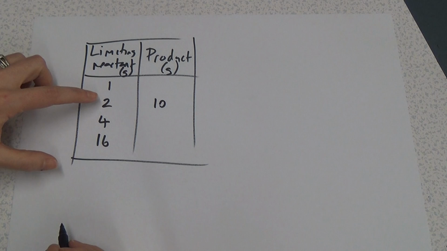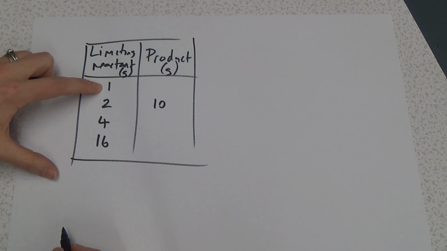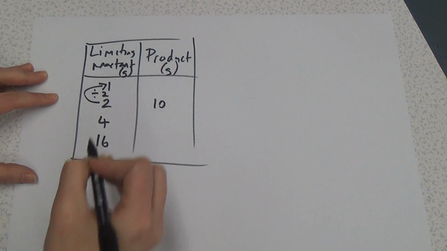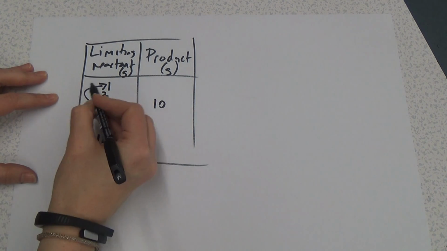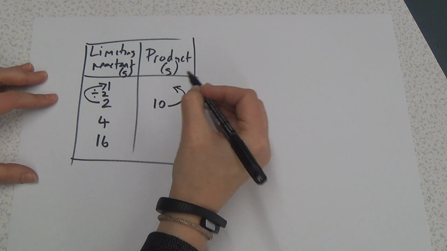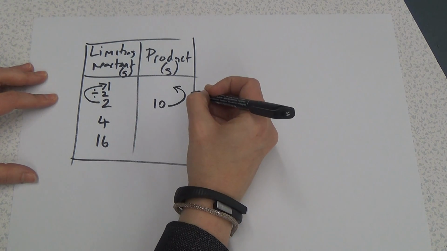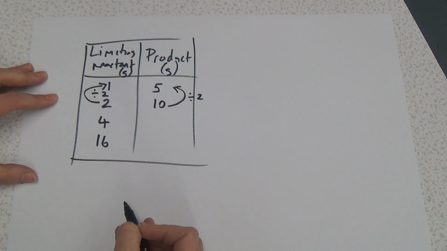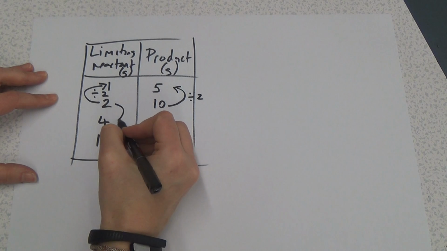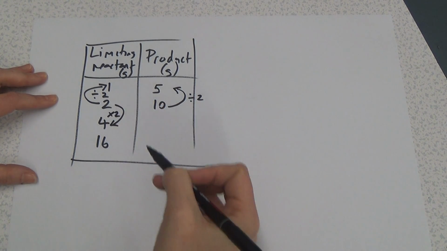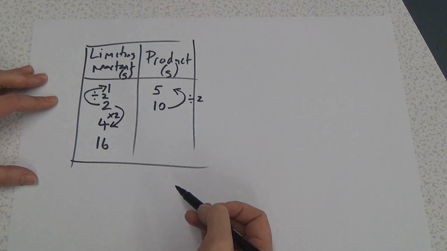So in the case of 2, if we go down to 1, what we're doing is we're dividing by 2. So if I divide my limiting reactant by 2, I have to do exactly the same thing to my product because of that directly proportional relationship. So it will go from 10 down to 5. If I go from 2 to 4 for my limiting reactant, I am multiplying by 2. So exactly the same thing has to happen.